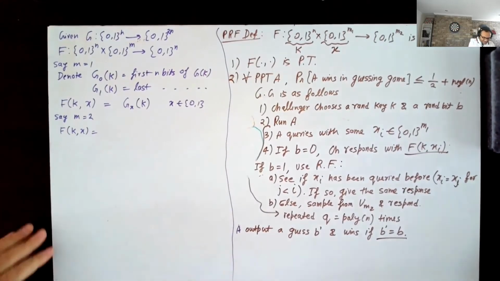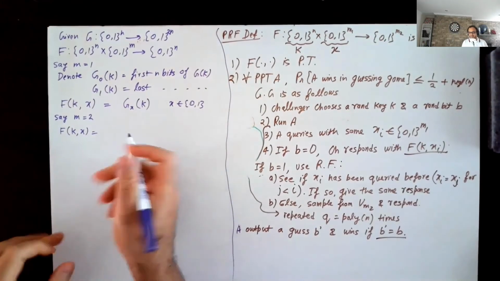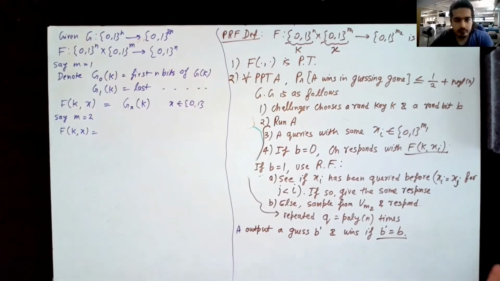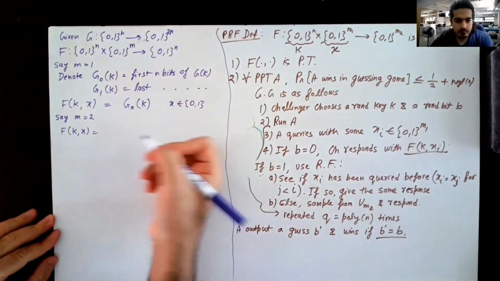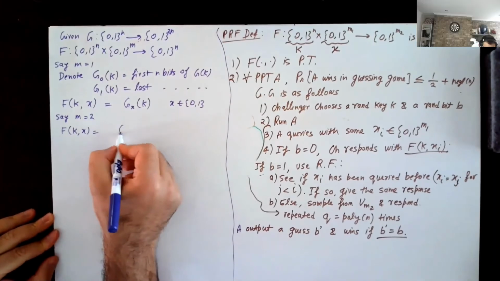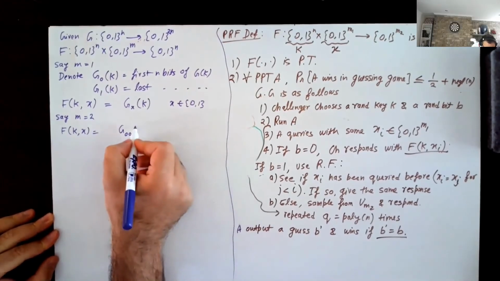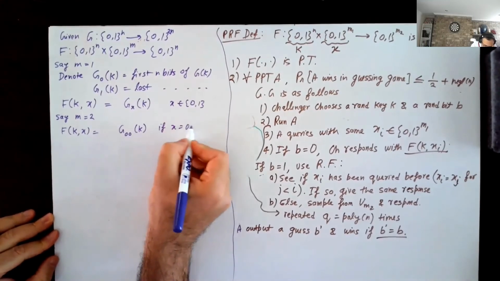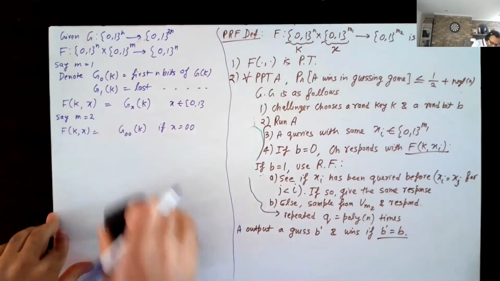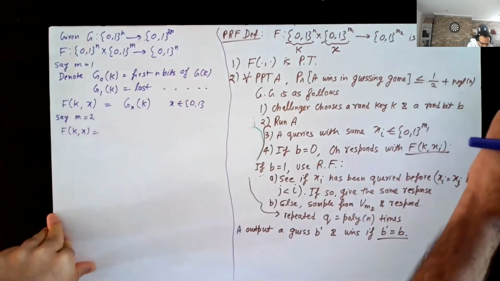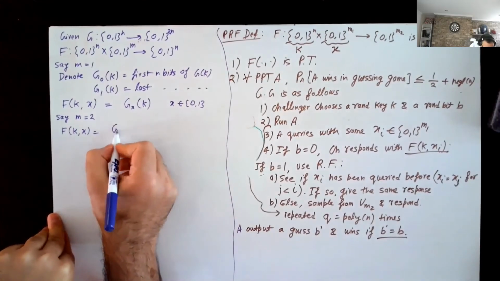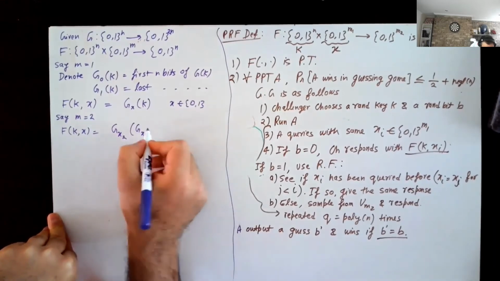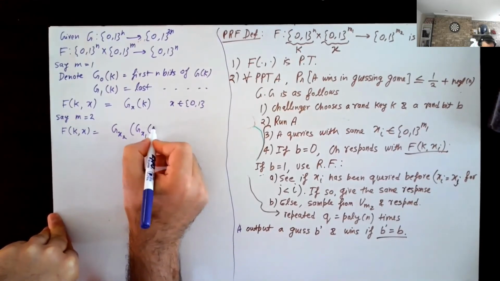Well, maybe we try to use recursion. So this is G of x2, G of x1, k.